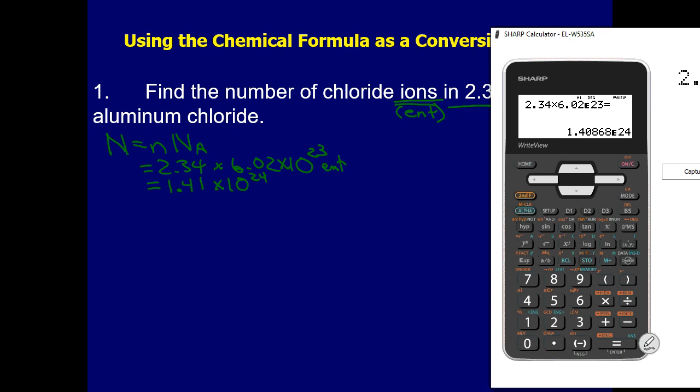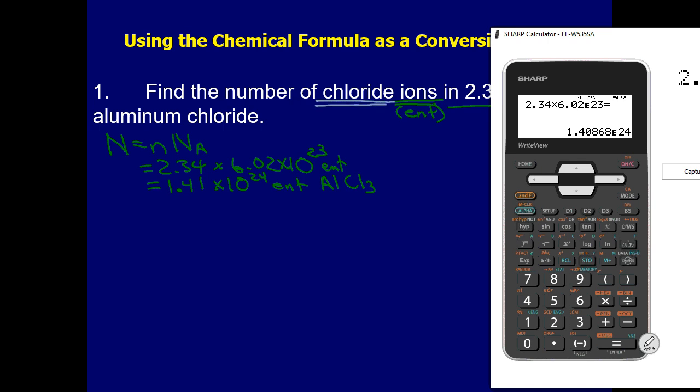Now, I have to be very careful. This is entities of aluminum chloride, and so I need the formula for aluminum chloride. When I cross over the charge of 3 from aluminum and the charge of -1 from chloride, I get that formula. Notice the question asks that we find the chloride ions.